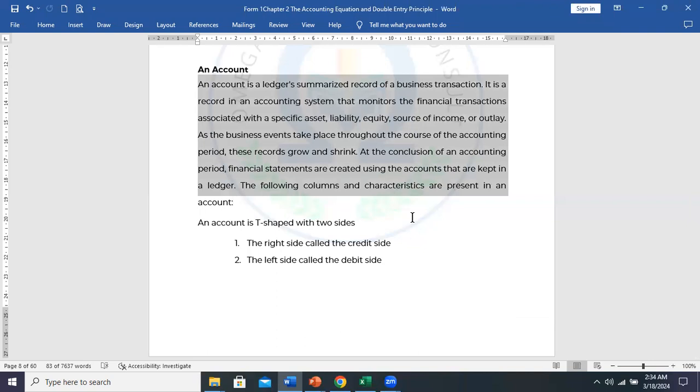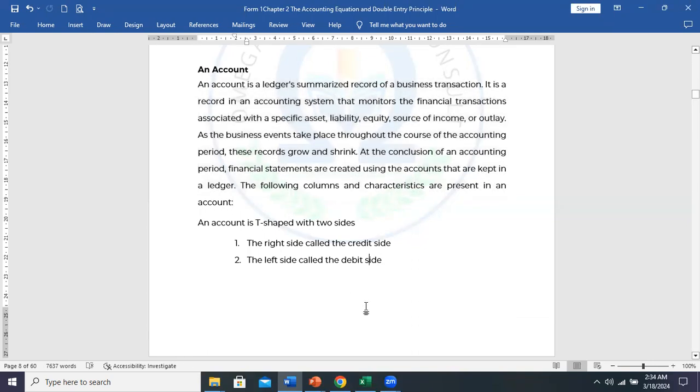At the conclusion of an accounting period, financial statements are created using the accounts that are kept in a ledger. The following columns and characteristics are present in an account. An account is split through two sides. 1. The right side for the credit side. 2. The left side for the debit side.